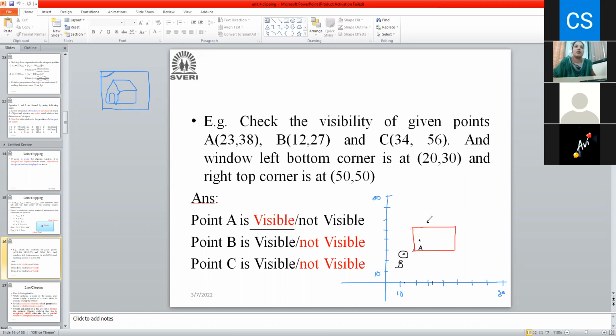So here I will have that C point. C point is showing you one condition satisfied and the other condition is not satisfied. Then also that point lies outside. So B is also not visible and C is also not visible. So that is the example of clipping, point clipping.